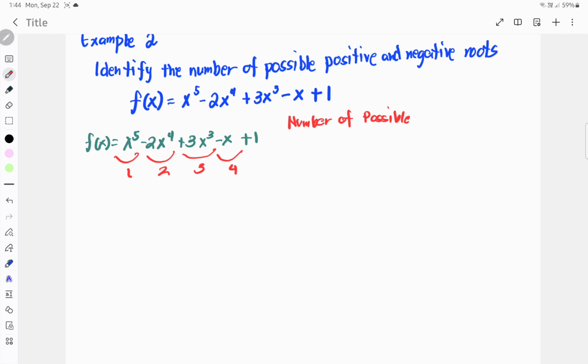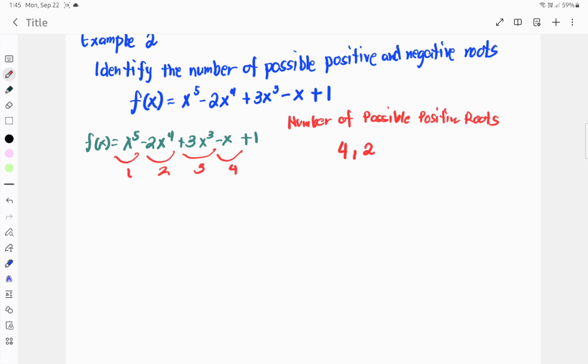So the number of possible positive roots, as you can see, would be 4 minus 2, that would be 2.